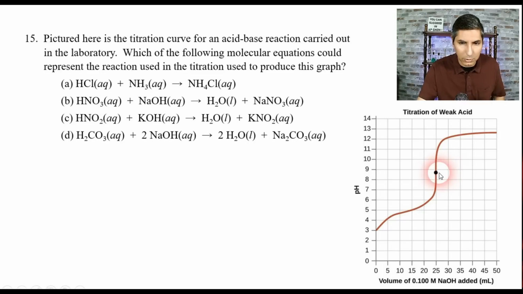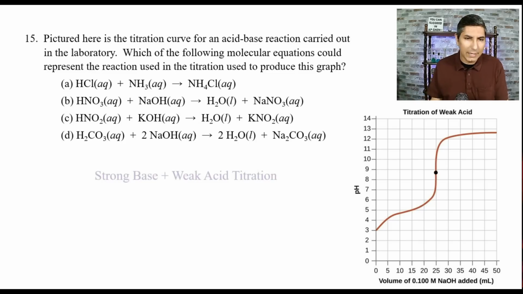I know that for a couple of reasons. First of all, the equivalence point is above 7. Since the equivalence point is above 7, that means it's a strong base and a weak acid. I also notice that the pH starts out at a moderately low value, about 3. If this were a strong acid involved here, we'd start out with a pH much closer to 0.